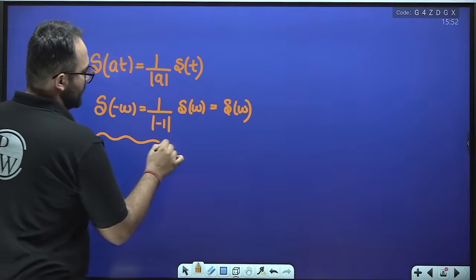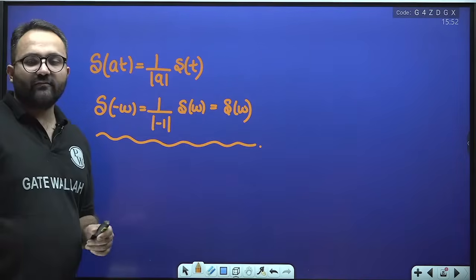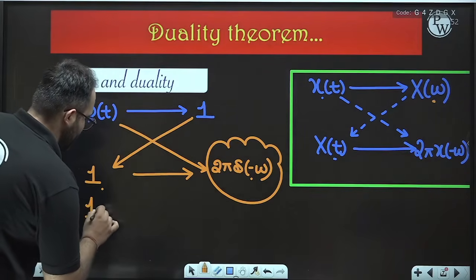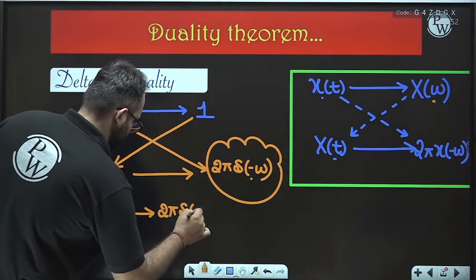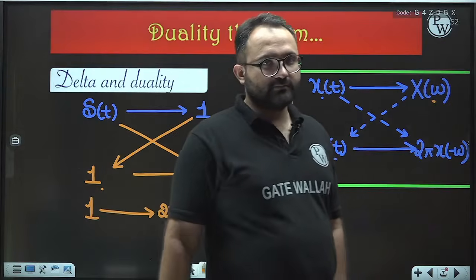Now we can say that del of minus omega equals del omega. So finally we can say that 1 has Fourier transform 2 pi del omega. You have to remember this result because it is very important.